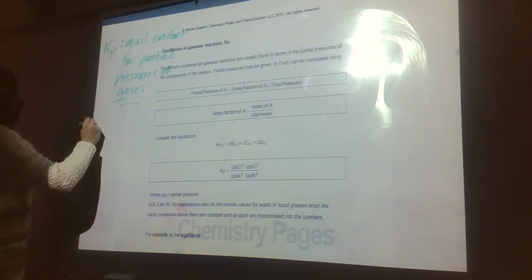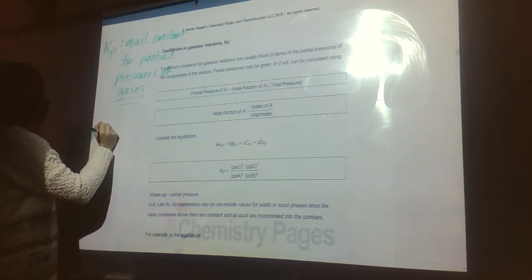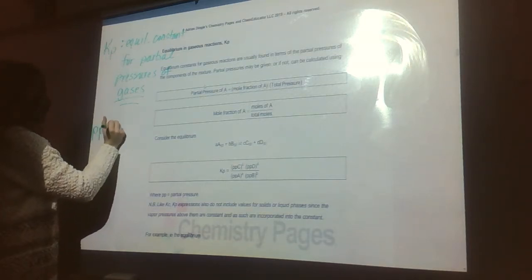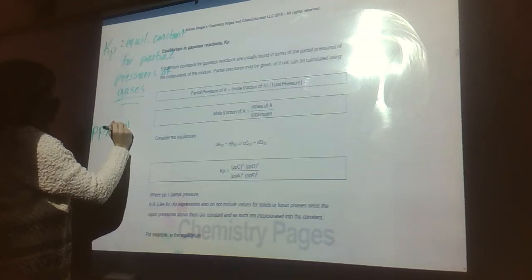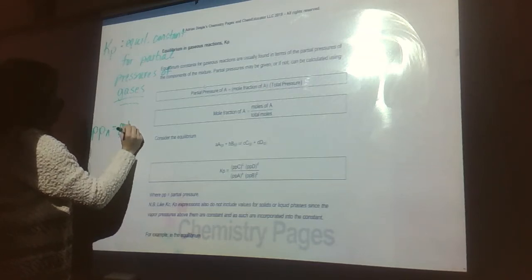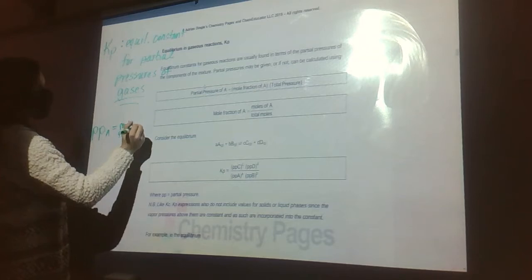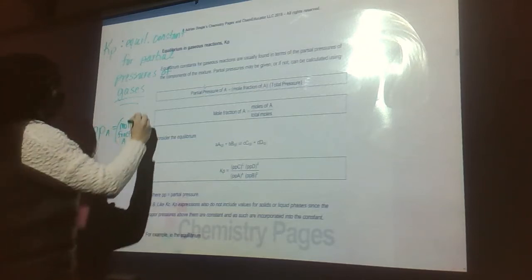To find a partial pressure, which is PP, and let's say you have PP of A, you take the mole fraction of A times the total pressure.